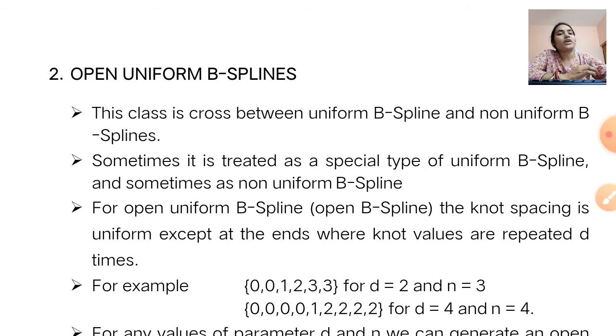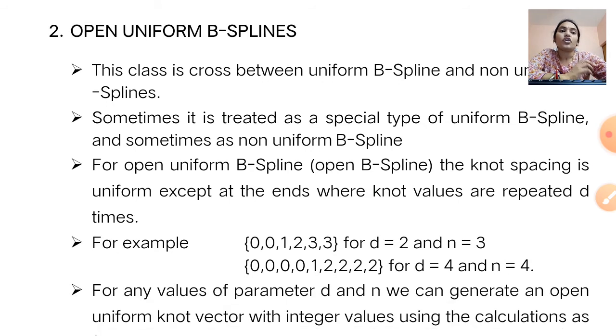Sometimes it is treated as a special type of uniform B-spline and sometimes as a non-uniform B-spline curve. For open uniform B-spline, the knot spacing is uniform except at the ends where knot values are repeated d times. d means degree. If the degree is 3, then 3 times.